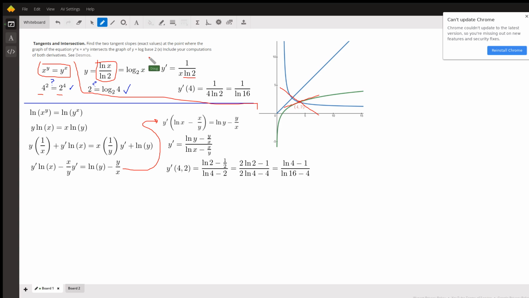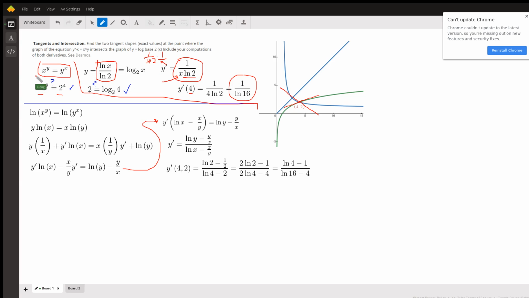We have the numerical coefficient is 1 over ln of 2, and the derivative of the numerator is 1 over x. And that's why we get this formula for the derivative. And when x is 4, which is the only variable in the derivative formula, we get 1 over the ln of 16. So that's your exact answer there.